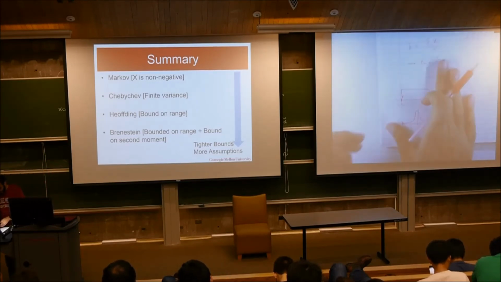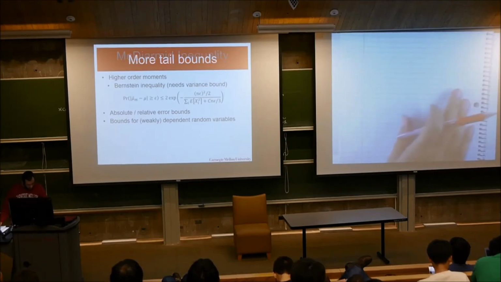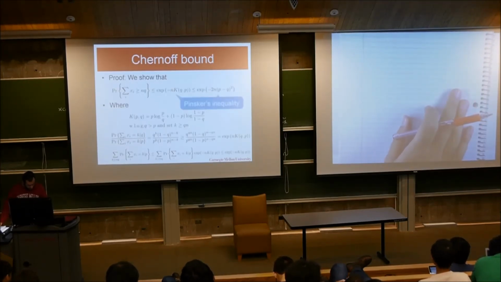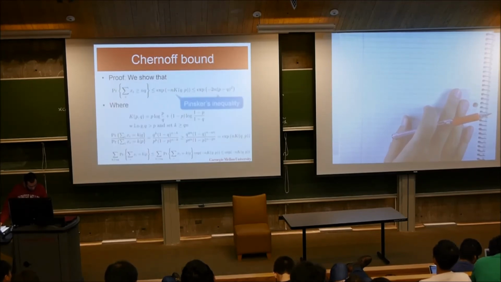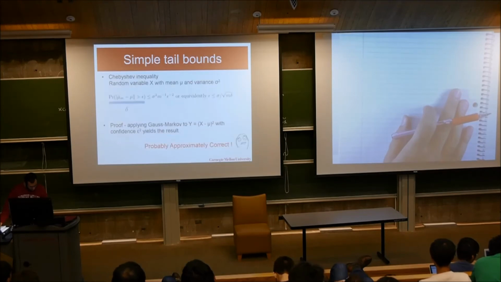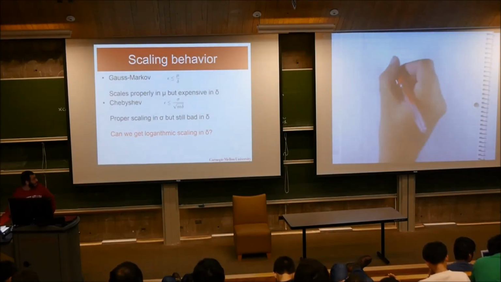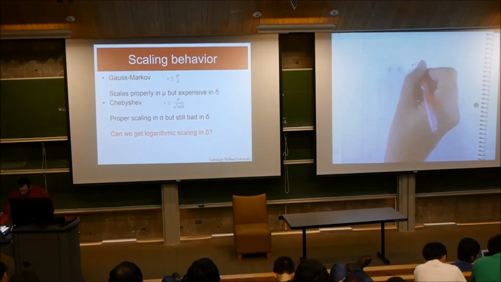Let's consider, for example, this case. Epsilon is less than or equal to sigma over square root of mu delta.